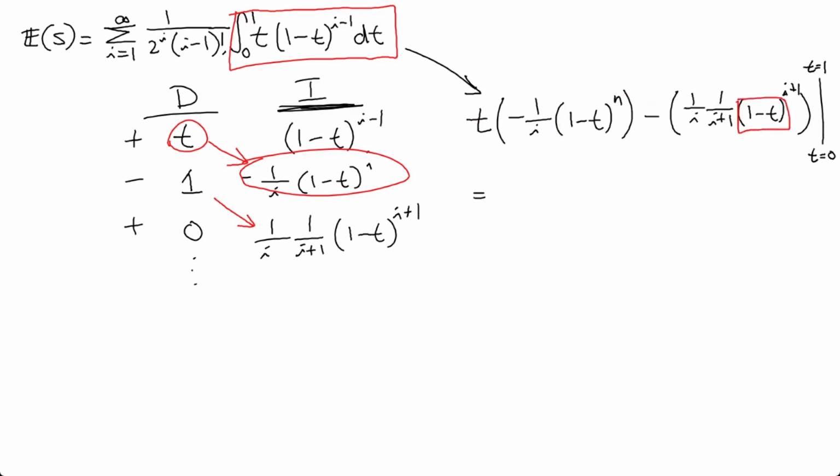And in the second term, I have 1 minus 1 again after substituting, and so the second term equals 0 as well. And so my integral is going to be 0 minus whatever I get when I substitute 0 in for t. The first term cancels, and the second term gives me simply negative 1 over i times 1 over i plus 1.